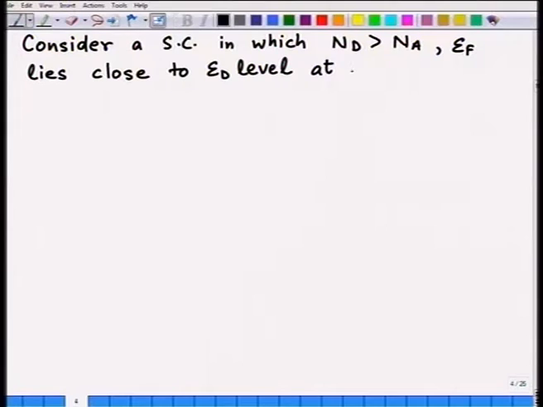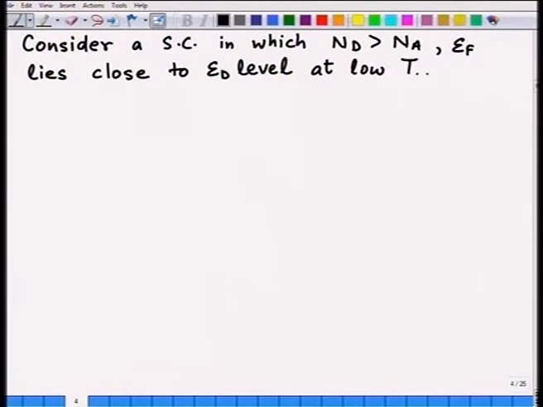But now if the Fermi energy is exactly at the donor level, then half of these donors are ionized and half of them are not ionized. That means the fifth electron is still tied to the donor atom. So that is what is going to happen at low temperature. So it is close to the ED level at low temperature.